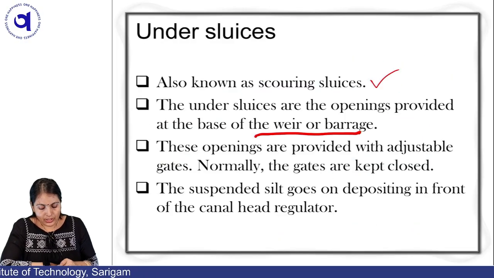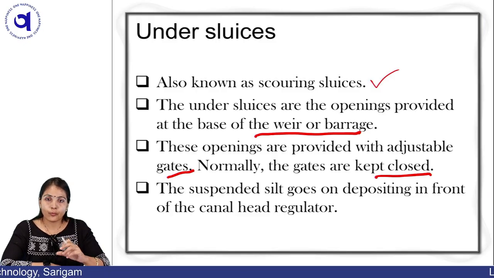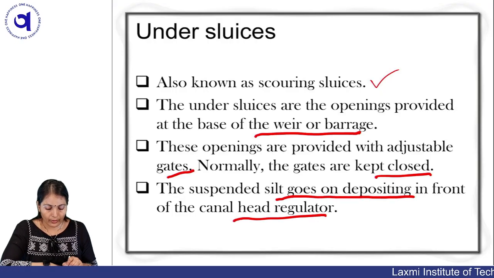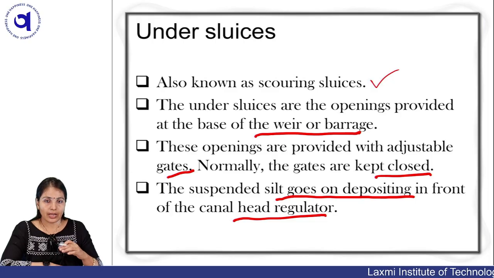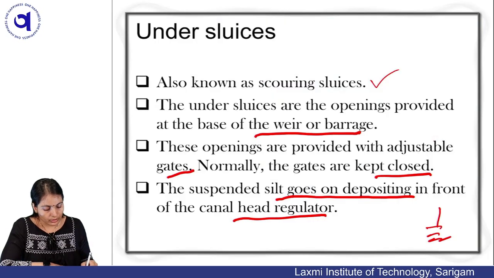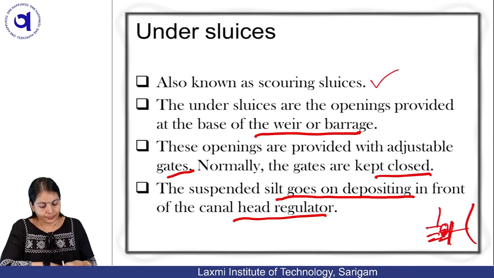These openings are provided with adjustable gates, and normally the gates are kept closed. When we need to remove the silt, we open the gates and remove the silt from that area. The suspended silt goes on depositing in front of the canal head regulator. As I told you, velocities decrease in the canal head regulator area. Suppose this is your divide wall; in this portion the velocity is reduced and silt deposition occurs.